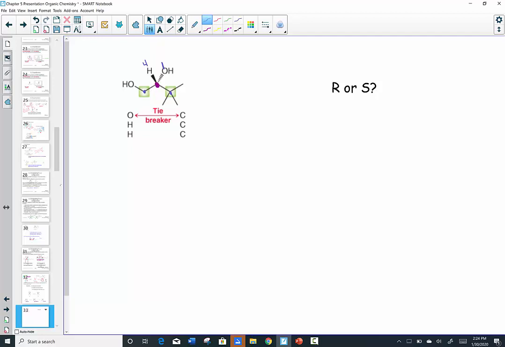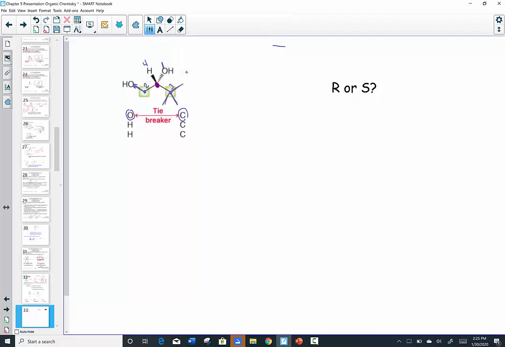These are both carbons, and so we need to find a point of difference. This carbon is attached to an oxygen. This carbon is attached to 3 other carbons. And so the tiebreaker gives the higher priority to a carbon attached to an oxygen because that's a higher atomic number than a carbon. And so this now gets priority number 2, and this is priority number 3.